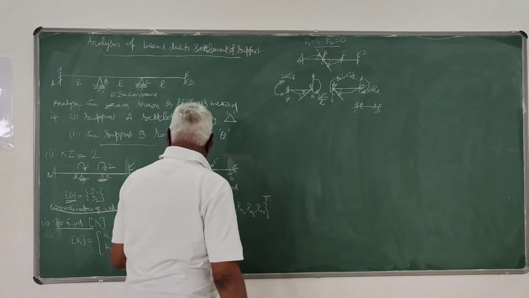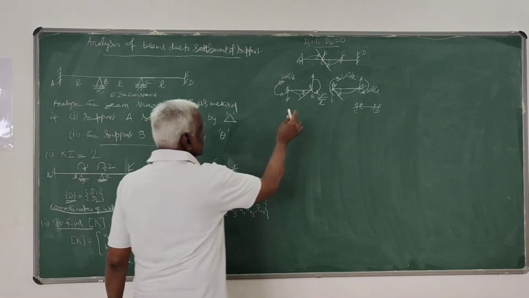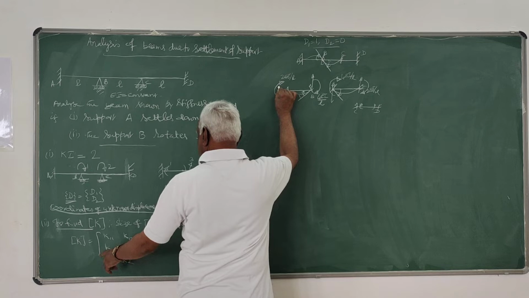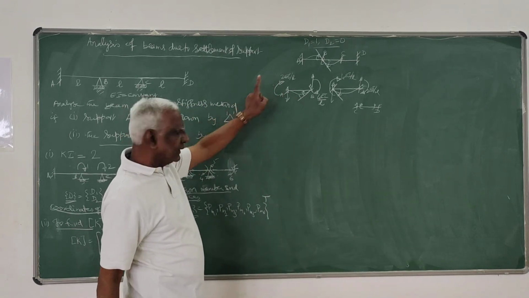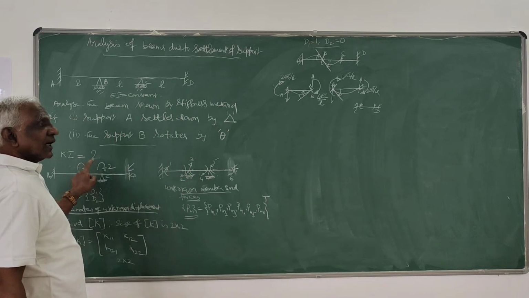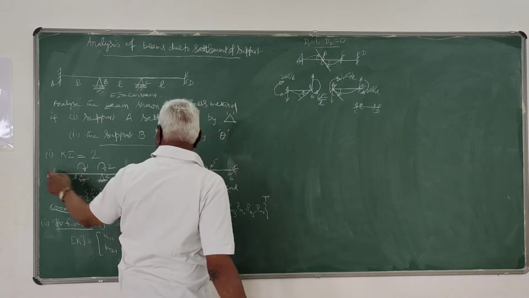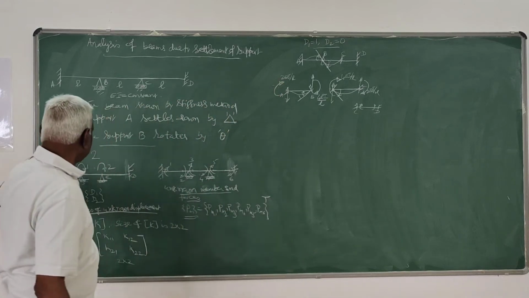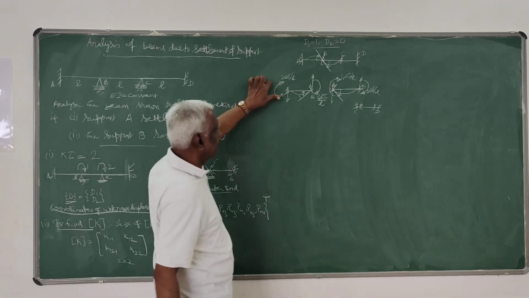So now you find out these coefficients. Of course this is K11. The other case does not correspond to kinematic indeterminacy. Here there is no kinematic indeterminacy, it is 0. You don't have to bother about this.